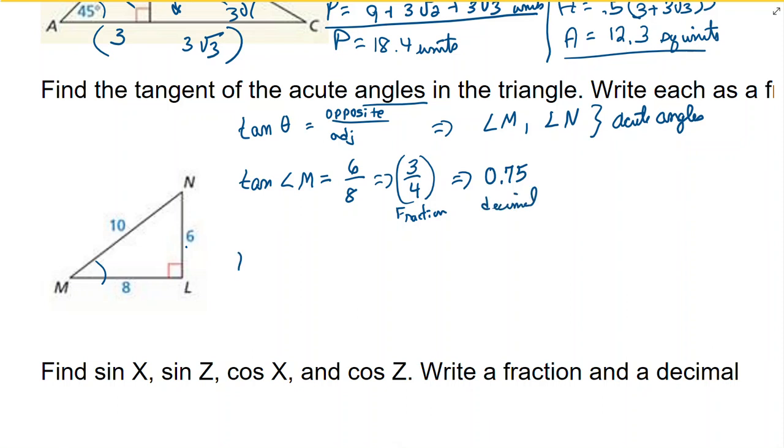Now I'm going to do the tangent of angle N. To do angle N, I'm doing opposite over adjacent. So angle N is going to be 8 over 6. We notice it's the flip of the first one that we did. As I reduce it, I'm going to have 4/3.